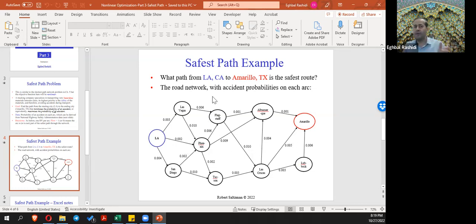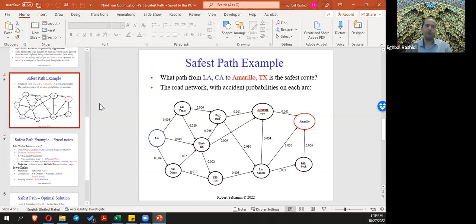So which way should we actually pick, and we're going to go to the destination, which is shown by the red color here. So our decision again is for all of these edges, these are going to be our decision variables. Okay, so for LA to Las Vegas, if X LA to Las Vegas is equal to 0, that means we're not going to pass from LA to Las Vegas.